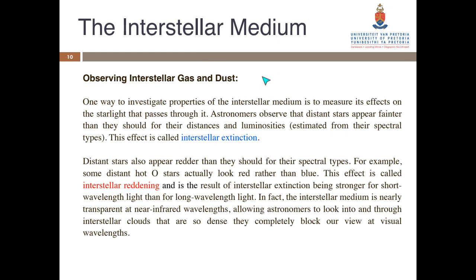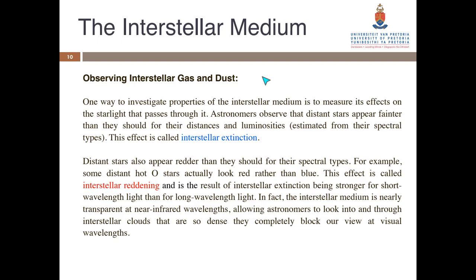One way to investigate properties of the interstellar medium is to measure its effects on the starlight that passes through it. Astronomers observe that distant stars appear fainter than they should for their distances and luminosities, estimated from their spectral types. This effect is called interstellar extinction. Distant stars also appear redder than they should for their spectral types.